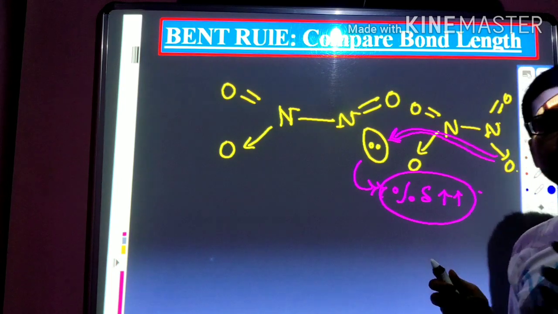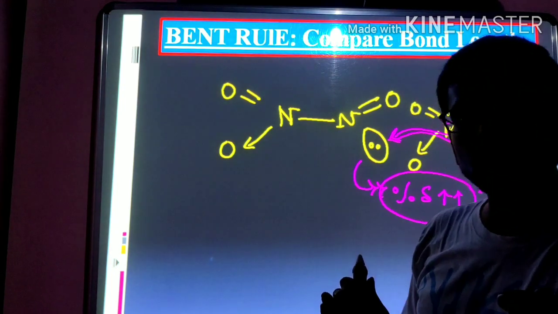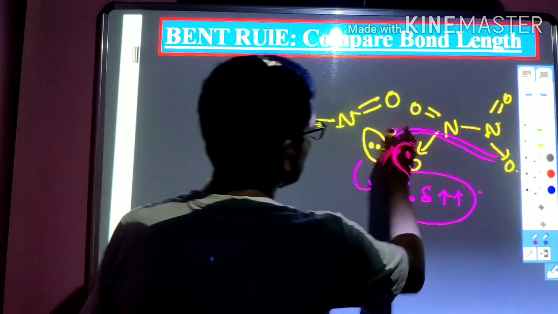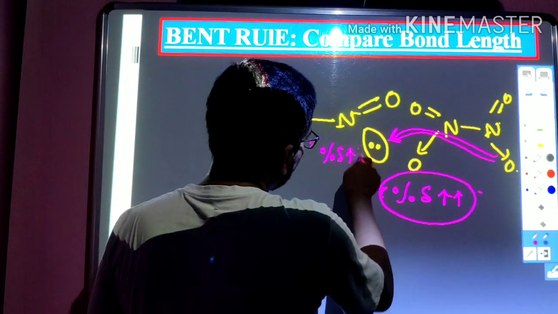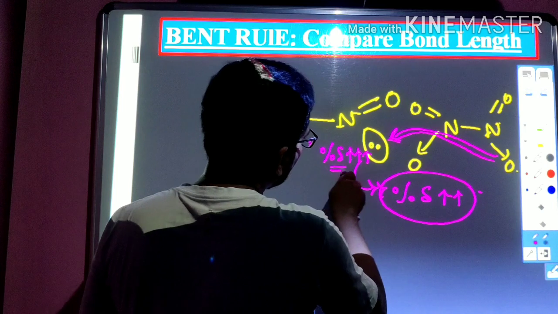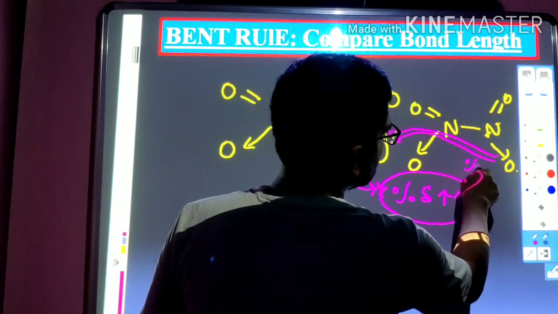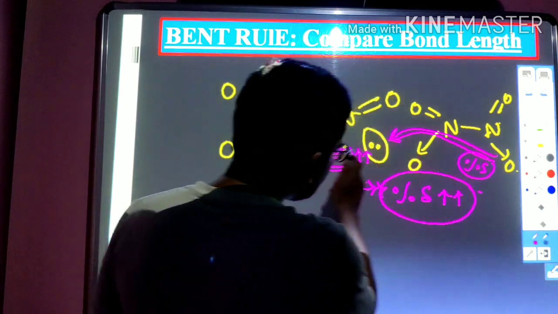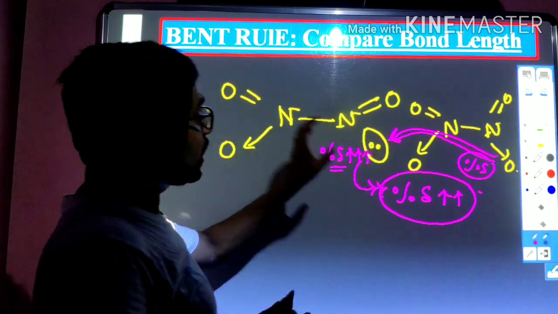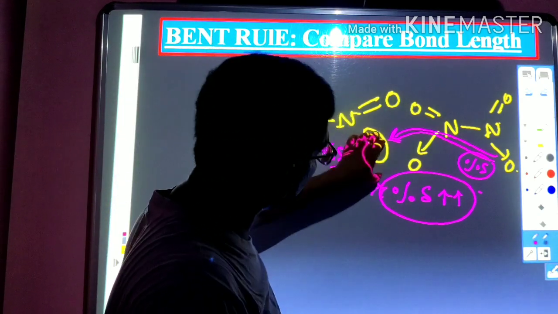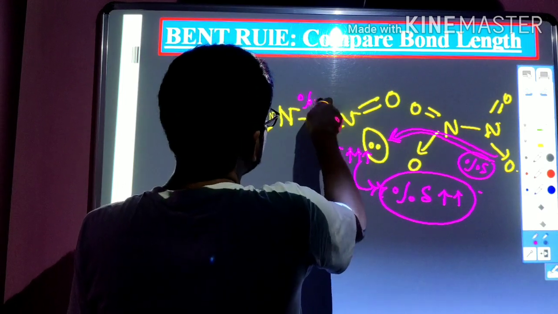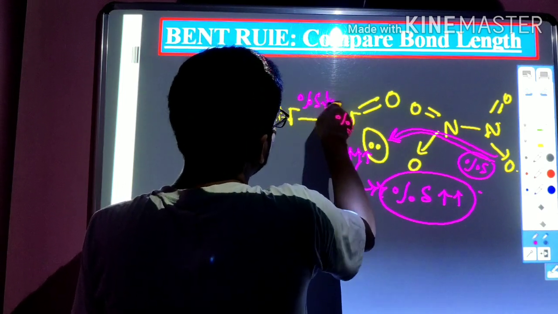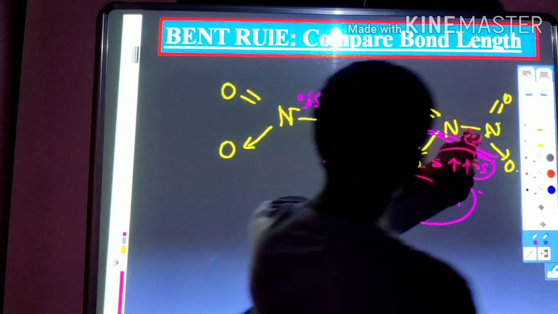Lone pair will occupy a position where percentage of S character will be more. So percentage of S character here is very high compared to here. If percentage of S character here is more, then percentage of S character here will be less compared to this one.